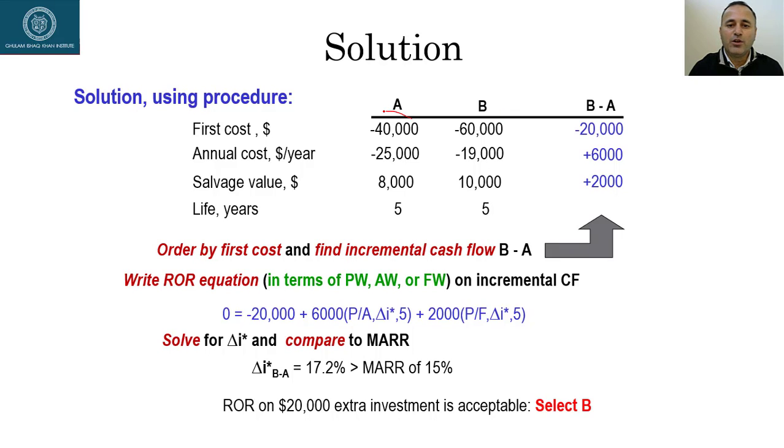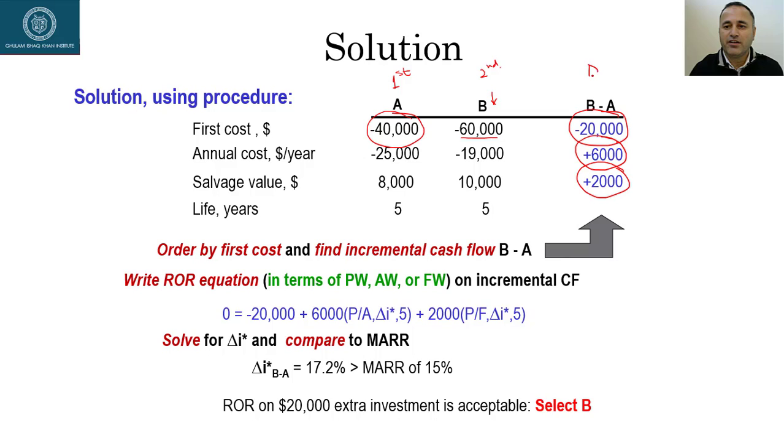You start with the lowest cost alternative, which should come in the first column, and the second column would be the next highest alternative. So instead of alternative A, if I'm choosing alternative B, it requires an additional investment of minus $20,000. But the benefit is that I'm saving $6,000 in annual cost per year, and an additional $2,000 in salvage value. So first step, order the alternatives.